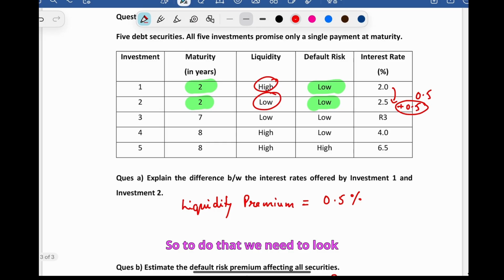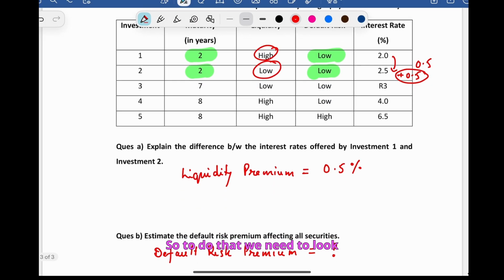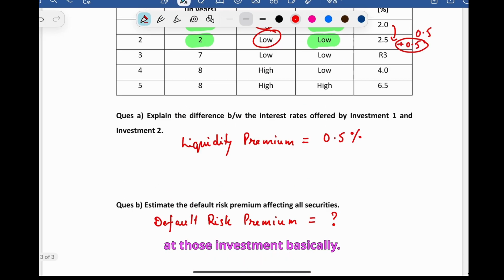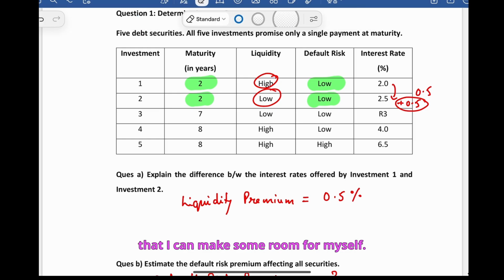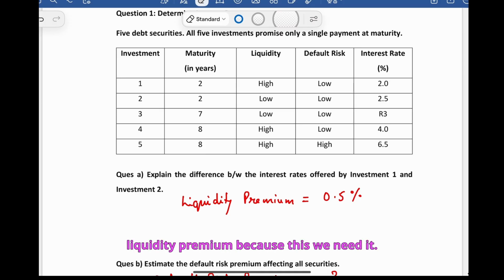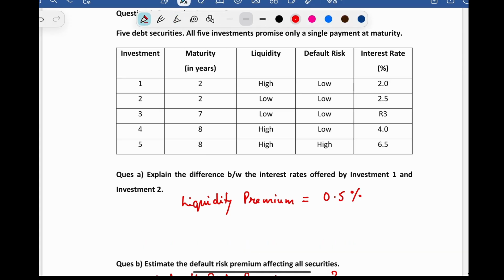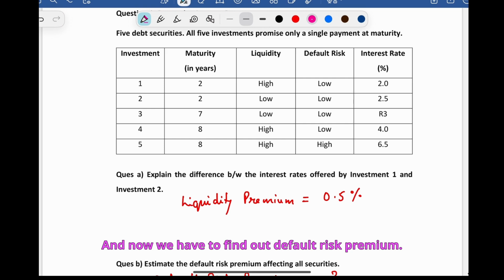To do that, we need to look at those investments. Basically, we have to erase this so that I can make some room for myself. I'm not going to erase this liquidity premium because we need it. And now we have to find out the default risk premium.